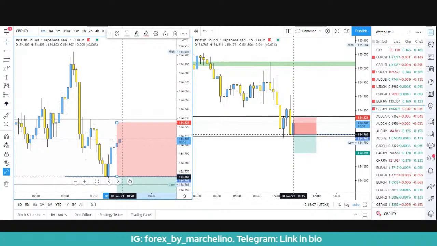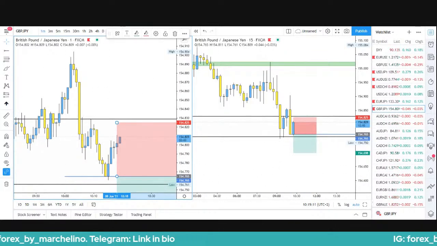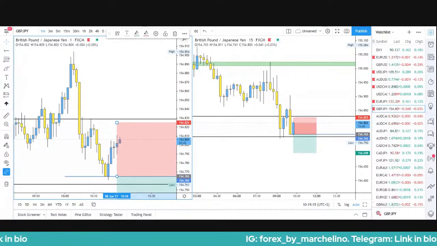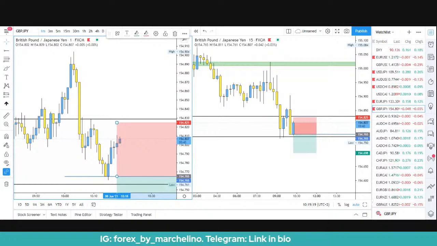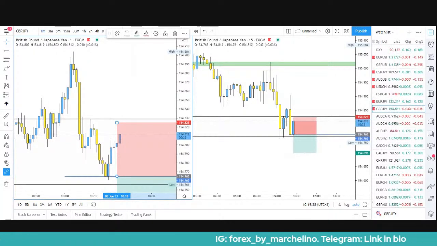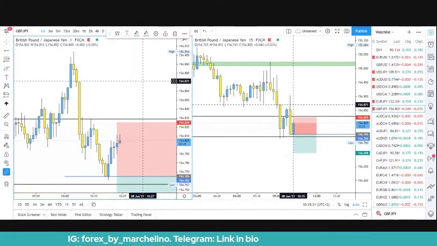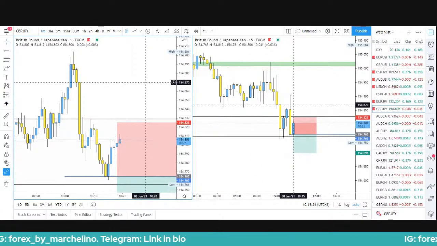You could probably adjust this to like 1765 or something. Let's see how this plays out, right? If a stop loss area gets taken out, then that means we just leave it. That's all it means.